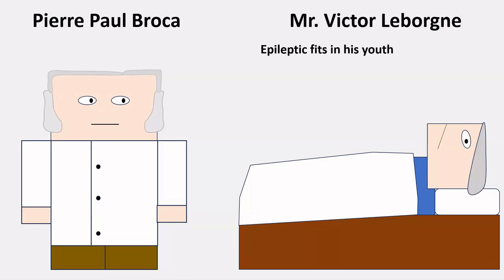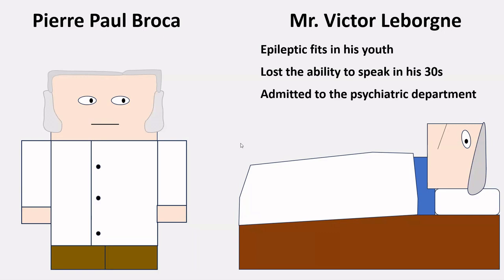He made hats, I believe, but he started suffering from epileptic fits in his youth. And then somewhere in his 30s, he lost the ability to speak. He was admitted to the psychiatric department of the Bicêtre, and because there were no relatives that could take care of him, that's where he stayed for the next 21 years.